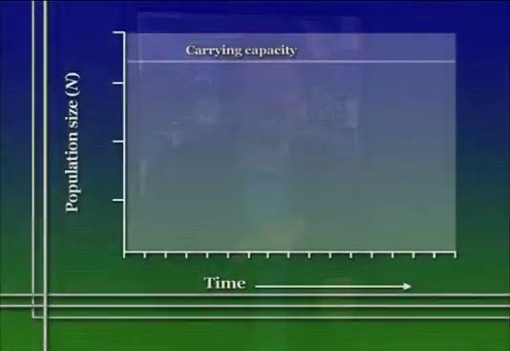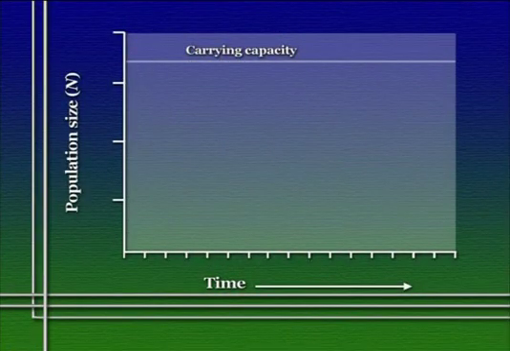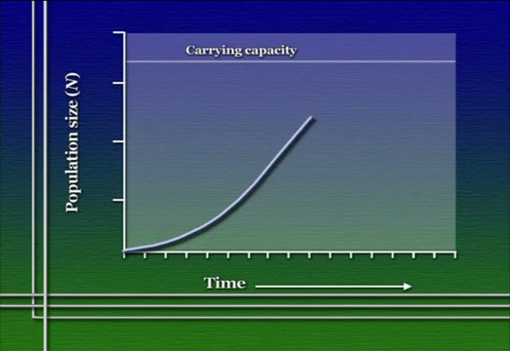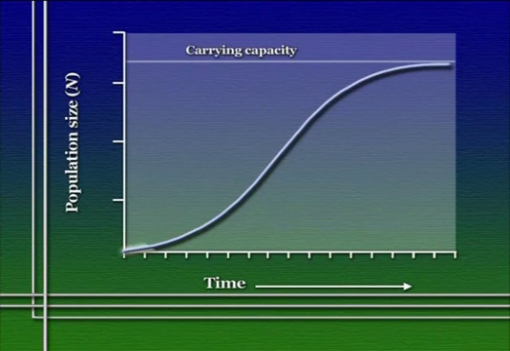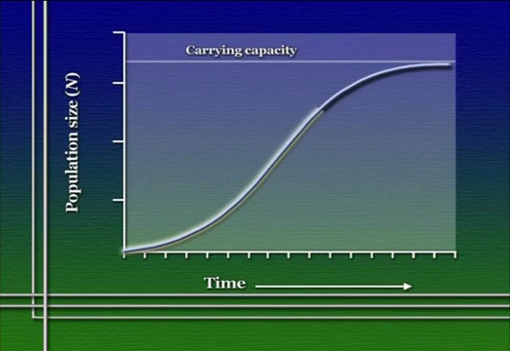Now, if we look at this graphically, and this is the point we want to get to, then instead of a J-shaped curve, again, we're looking at a graph of the size of the population over time, with time on the x-axis and population size on the y-axis, we would see a sort of S-shaped curve. When the population size is low, it would start increasing with an increasing slope, sort of what we saw in exponential growth. But at some intermediate value, the slope would start to decrease again.